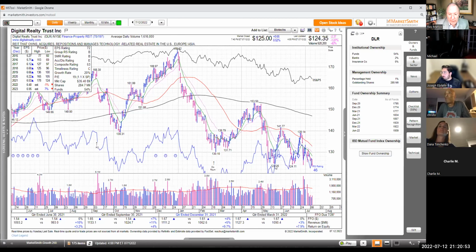And he believes that he's got like 3 of them that he's short. Who are the other ones? I know the other one is EQIX, I believe. Oh yeah, EQIX. This could definitely make the next leg lower.